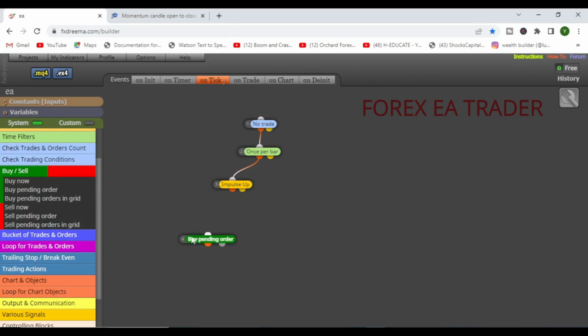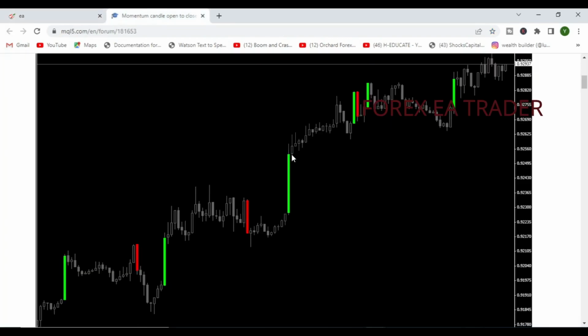Maybe we use a pending order, in case it spikes, but the next candle does this, like maybe somewhere here, and it goes down, but eventually, as long as the market is in our direction, it goes up. But maybe we want to prevent a situation like this, where it impulses up but then it starts going against us. Maybe we actually use pending orders.